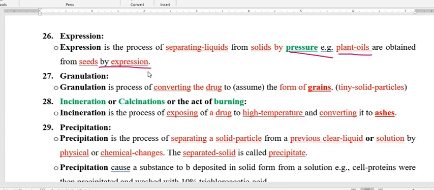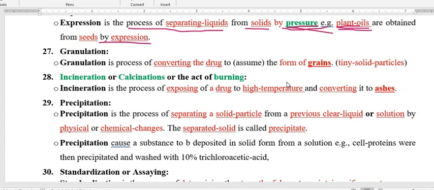We take the mustard seed or the soybean seed and apply pressure over this seed, and from that we obtain the plant oil, and the process is called expression.